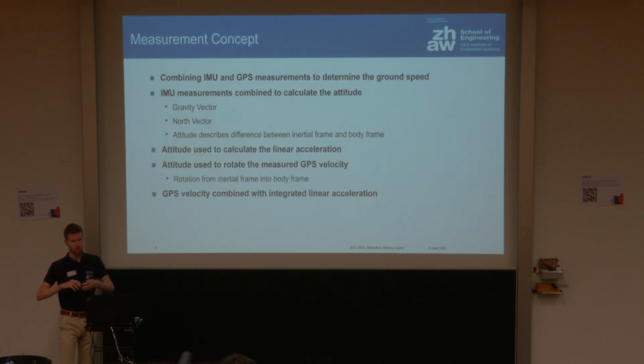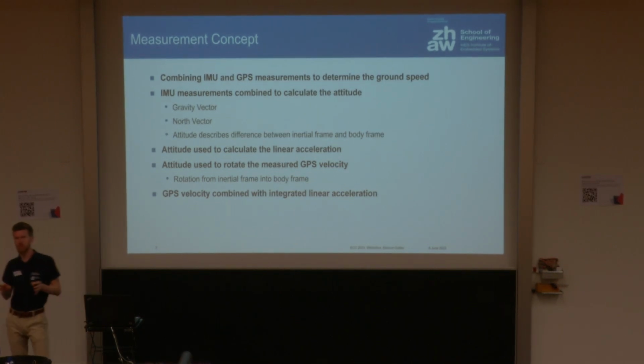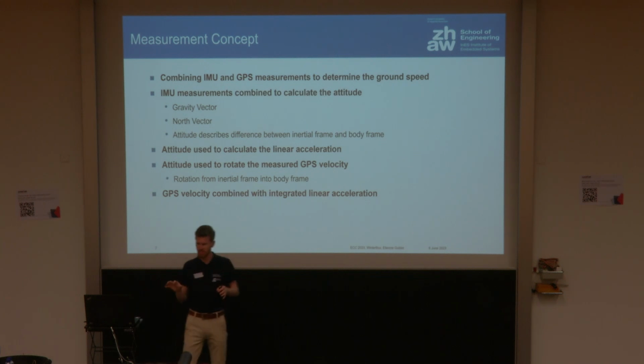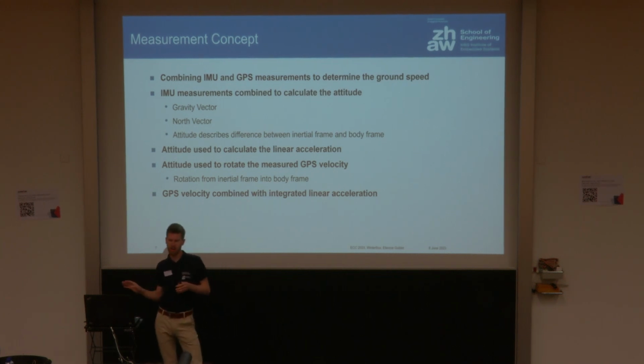I'm now jumping into the concept of how we wanted to measure this velocity. This slide will give you a short overview, and all the following slides will have pictures and graphs to explain the ideas that I'm summarizing here. We have two sensors in the car.